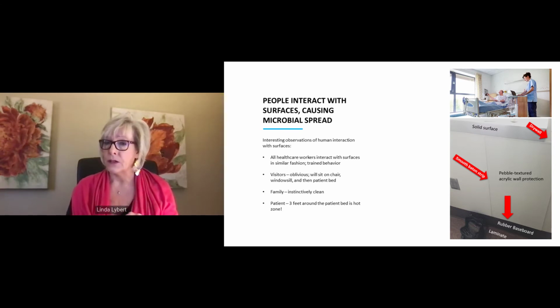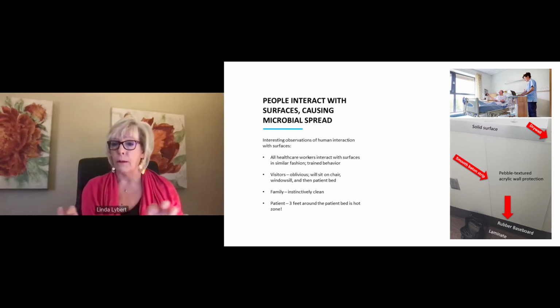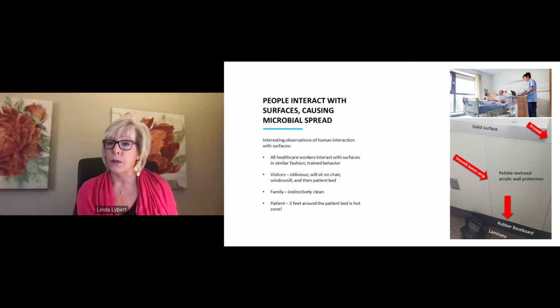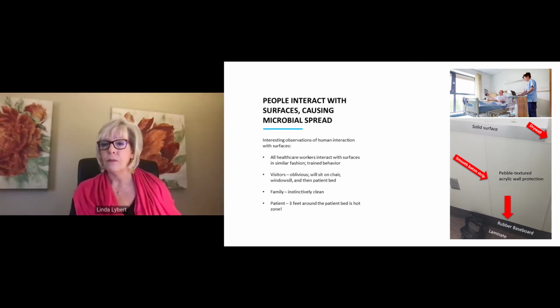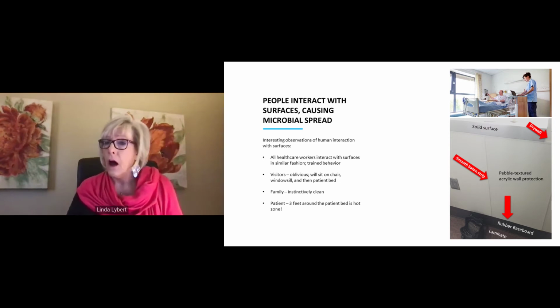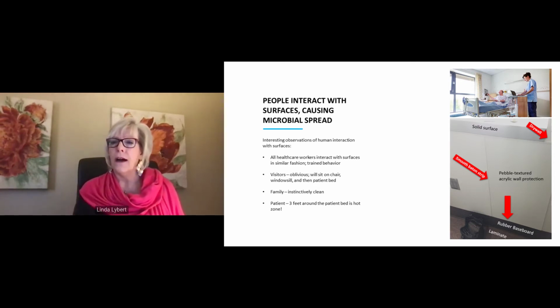You also have batten strips that then match up with a rubber baseboard that then matches up with a laminate floor. So you've got a lot of different surface materials in this area. All of them are required to be cleaned differently. And this is something we don't often realize when we're specifying materials. So this area often is not thought of as critical.